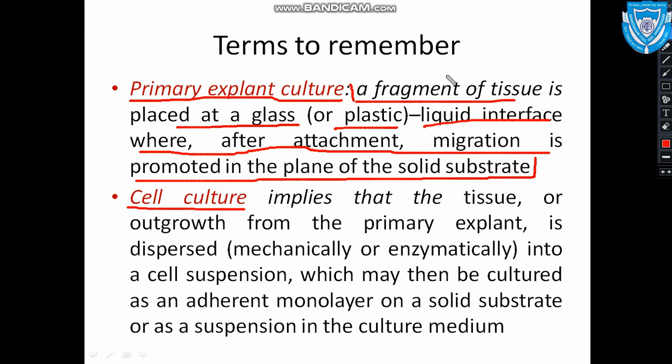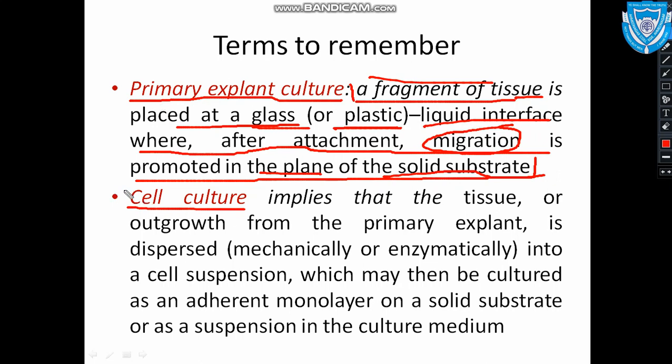So we are going to extract a fragment of tissue and place it on the glass or plastic or liquid surface, where after attachment of that particular fragment the cells are going to migrate, and they attach to the plane, to the solid surface, and then we call it primary explant culture.